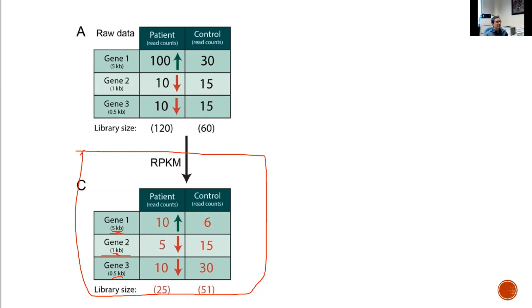There's no mapping process, so there's no RNA from other parts of the body of the gene, so we don't have to use this normalization. The only difference between RPKM and library size is that it considers gene length, so we don't have to worry about this for single-cell RNA-seq analysis now.